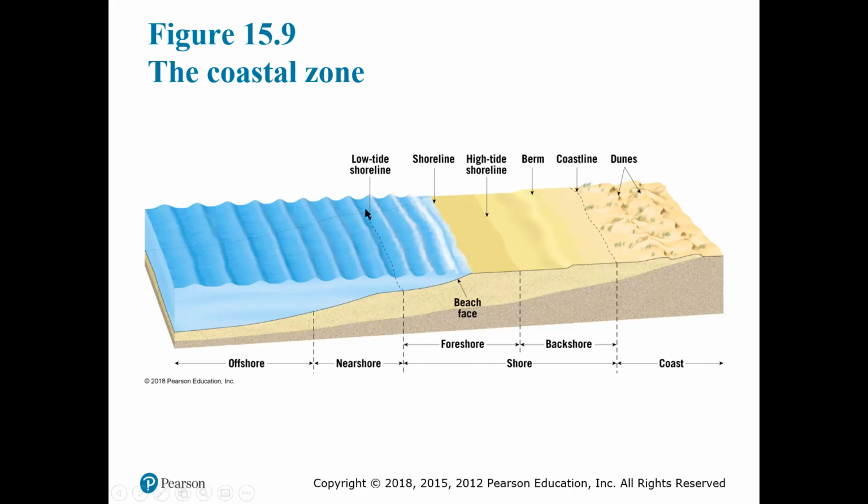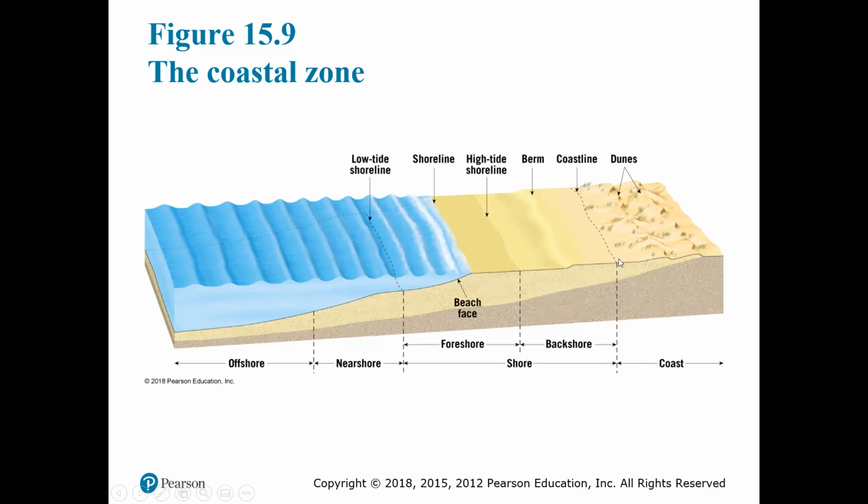So we've got from the low tide area all the way up to what we refer to as the coastline, which is as far as the waves will come in. So even during storms, even when we have crashing waves or high surf, the coastline marks that area. And so everything between the low tide shoreline and the coastline is considered the shore.